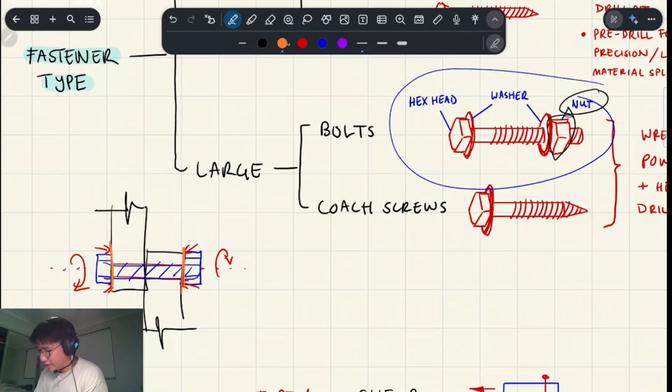And in turn, this bolt goes into tension, if that makes sense. That's how it works. So the compression.